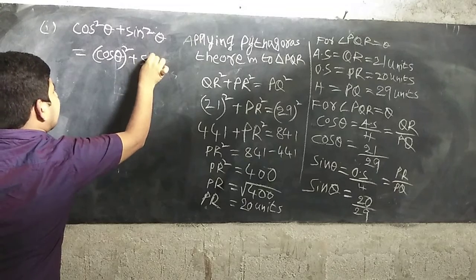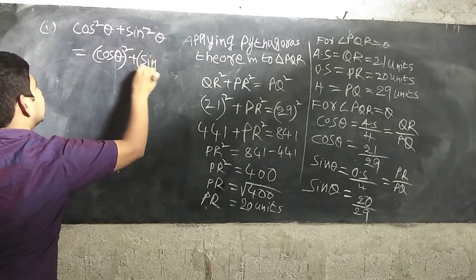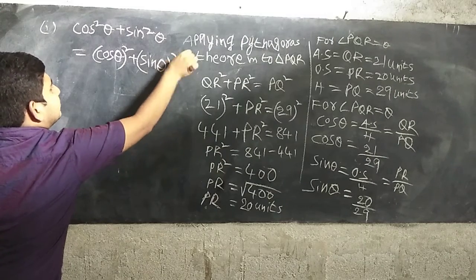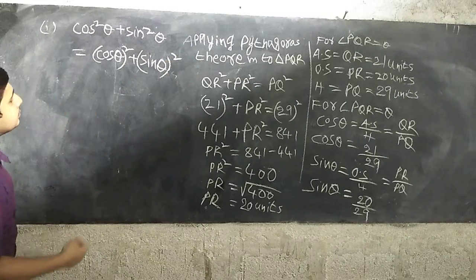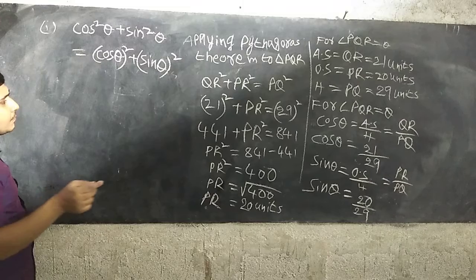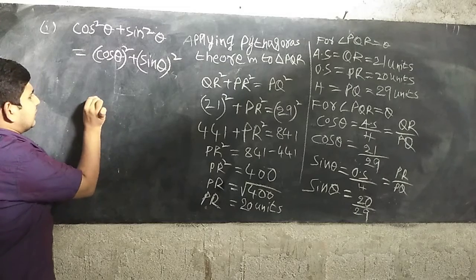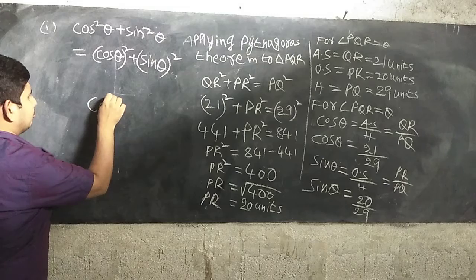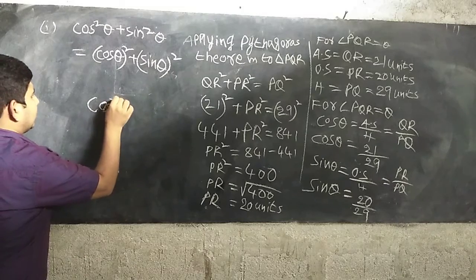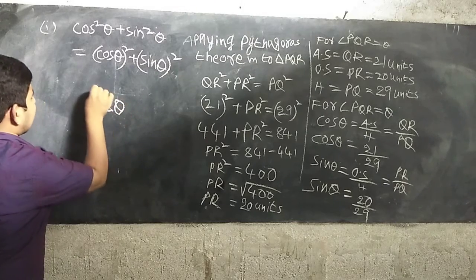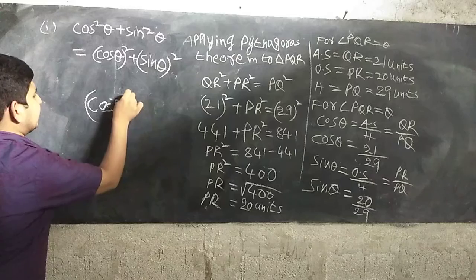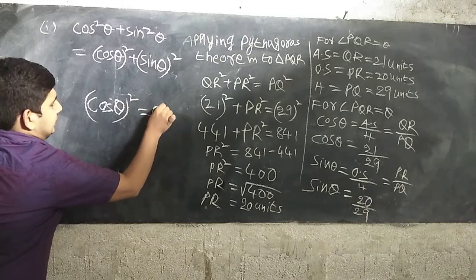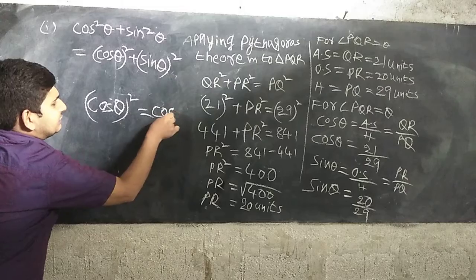Look here: anytime cos square theta is equal to cos theta whole square, cos theta whole square is equal to cos square theta. Okay, find the trigonometric ratio.